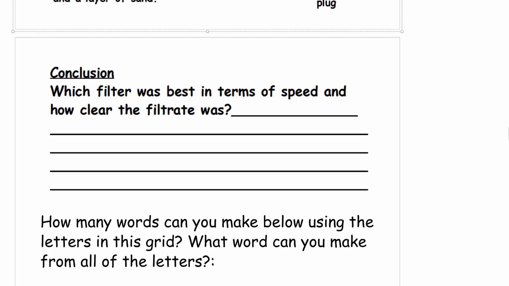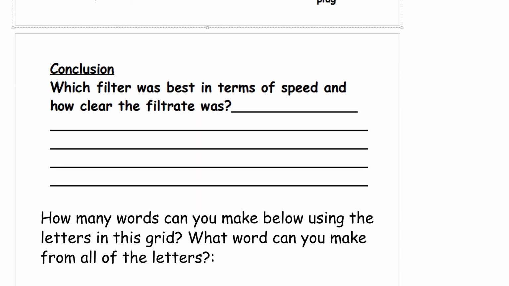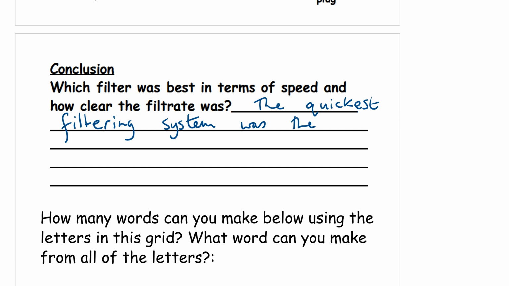Which filter was the best in terms of speed and how clear the filtrate was? The quickest filtering system was the rock wool, at only 3.7 seconds.